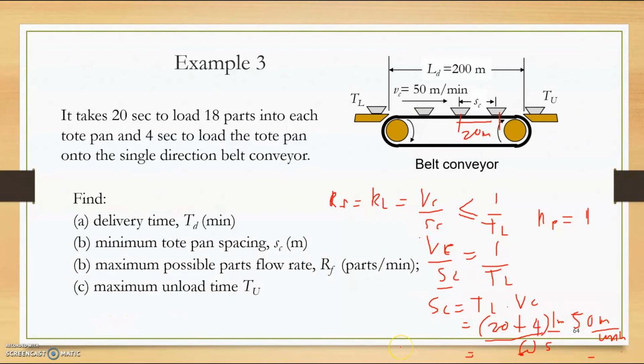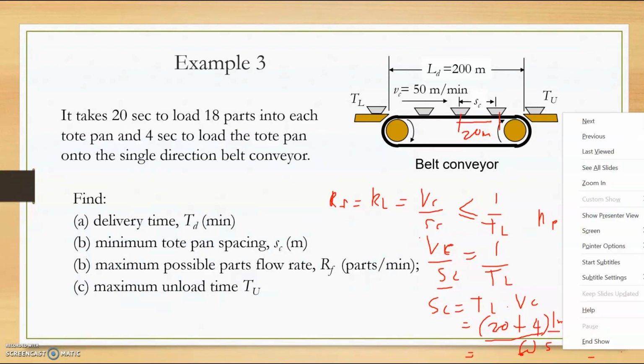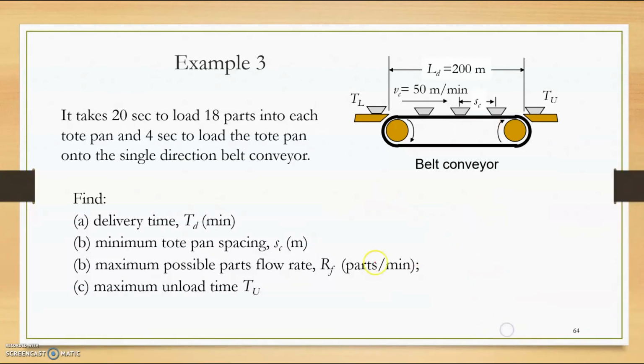So I will erase this one again. The next one is, what is the maximum possible part flow rate, RF. This one we will include the parts that will be placed inside each tote pan. We have this formula for NP more than 1, where the flow rate is RF equals NP times VC over SC.